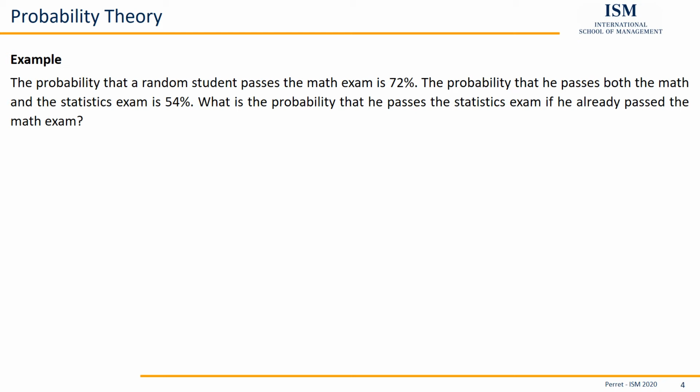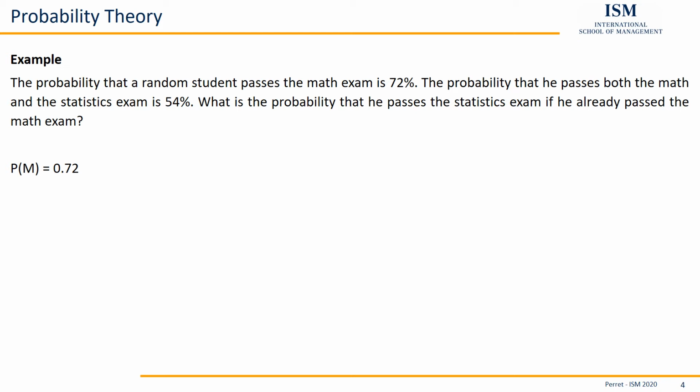Well, usually a good way to start with all of this is to first write down in mathematical notation what the text tells us. We have 2 numbers here, so we have to write them down in any decent fashion. The first thing is passing the math exam, 72%. So let's call this P of M, M for math exam. That's 0.72.